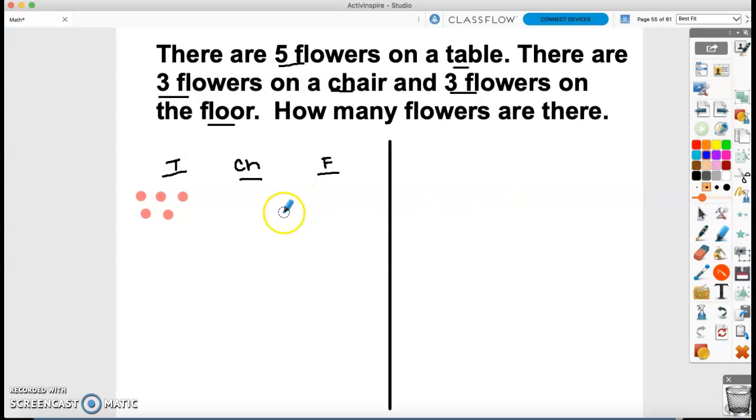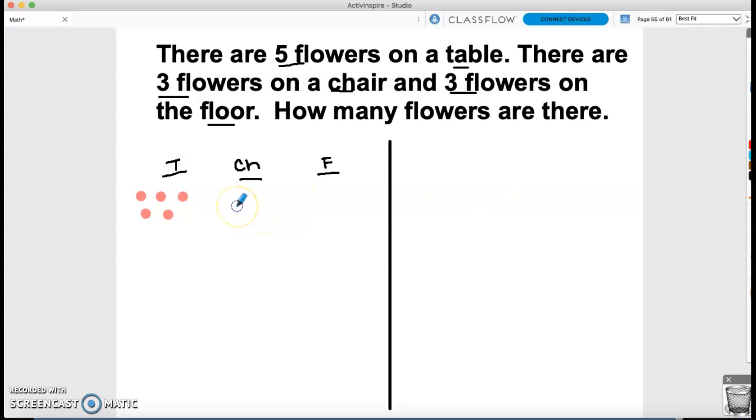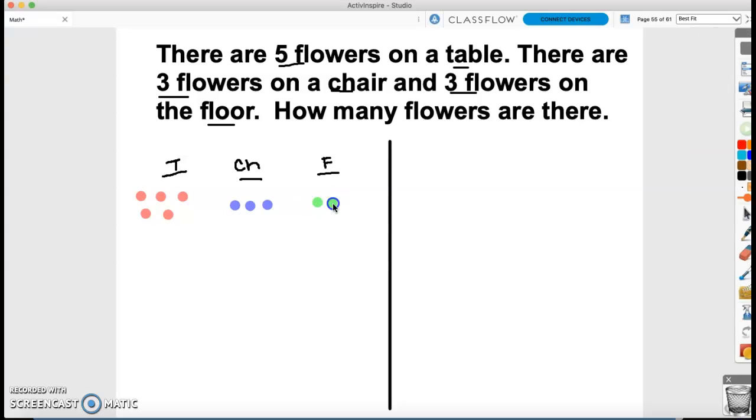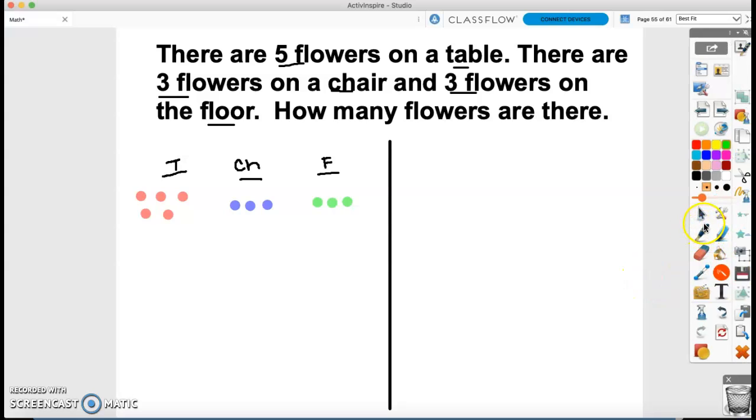I know there are 3 flowers on a chair. 1, 2, 3. And another 3 flowers on the floor. And I'm going to figure out how to add them. And I'm going to write a number sentence first.